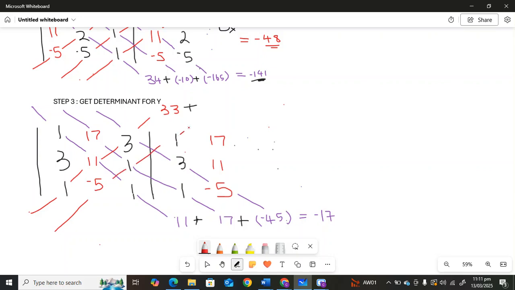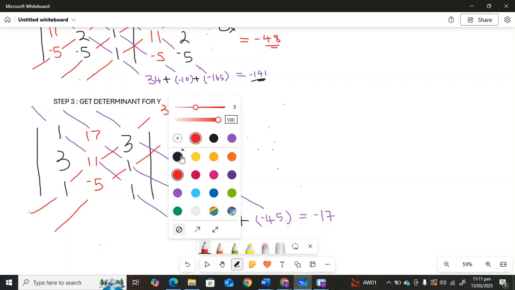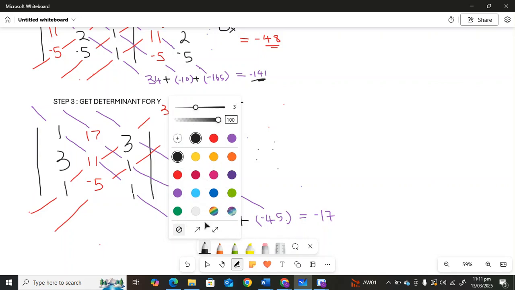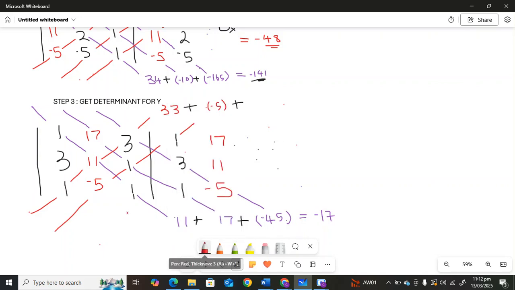Negative 5 times 1 again, negative 5. Plus 1 times 3, 3. 3 times 17, 51.